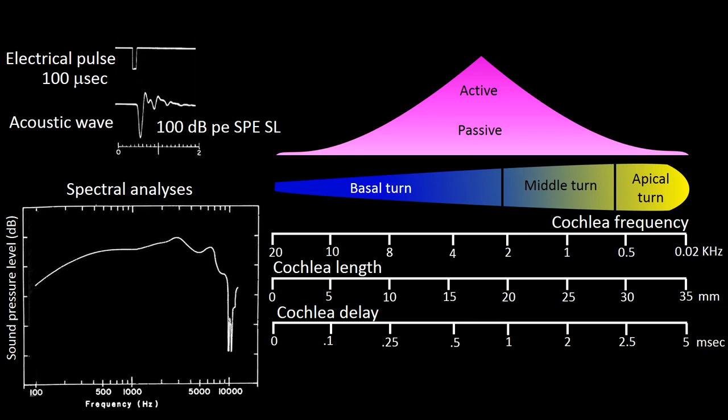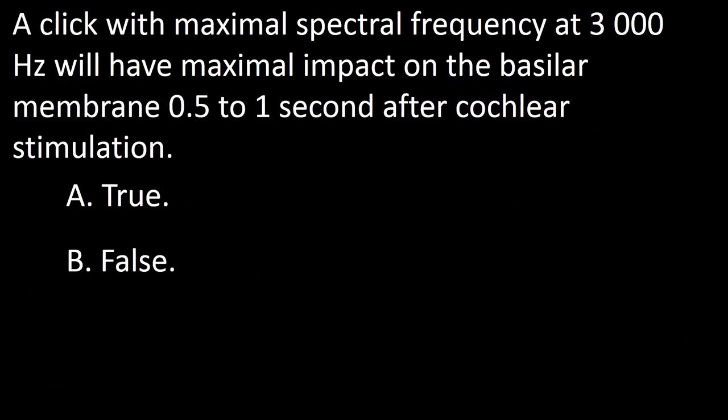In such area, the outer hair cells register sounds and the inner hair cells amplify the movement of the tectorial membrane, that is, of the basilar membrane. So the answer to this question is true.